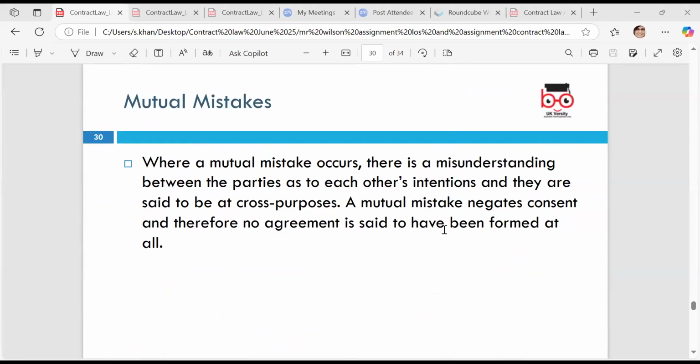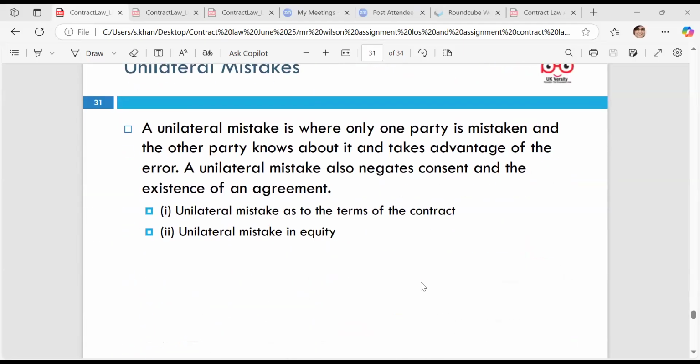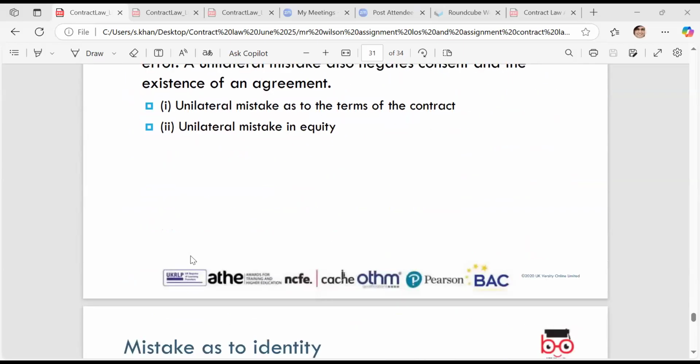For instance, one party intends to sell one item while the other intends to buy a different item. Then you have unilateral mistake, where one party is mistaken about a fundamental fact and the other party is either aware of the mistake or should have been. An example is when one party knows the other party is mistaken about the quantity of goods being purchased.